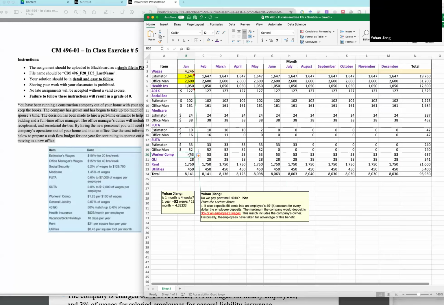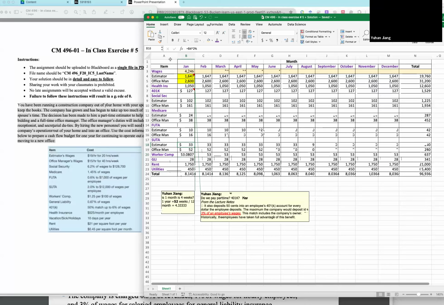The workers' comprehensive is next, one is $1.25 per $100 of the wage. So this one is equal to the total wage times $1.25 divided by $100, right?